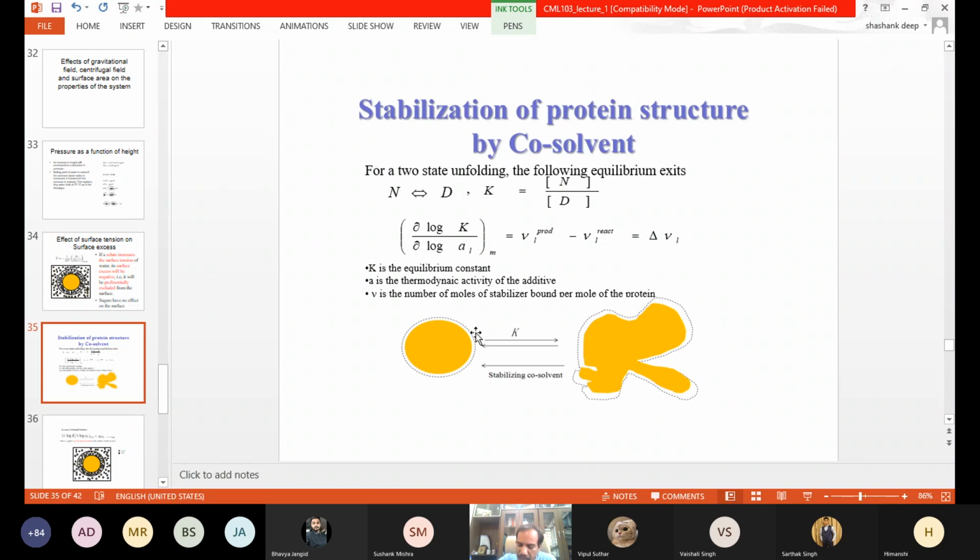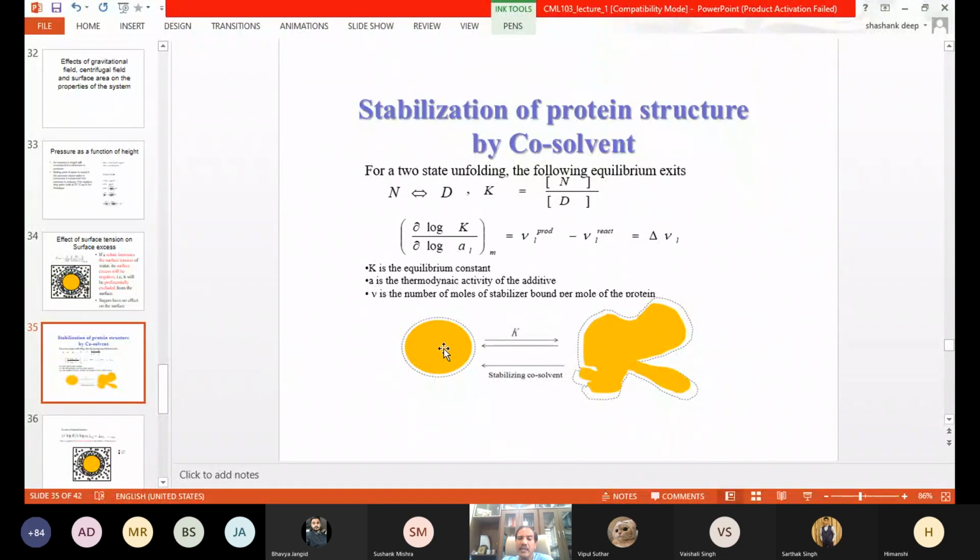So here, what did I tell you? If the surface excess is positive, which happens when a solute decreases the surface tension, for example a surfactant, it means it will bind to the reactant or product. So if I add a surfactant, it will bind to the reactant, and it will bind to the product.